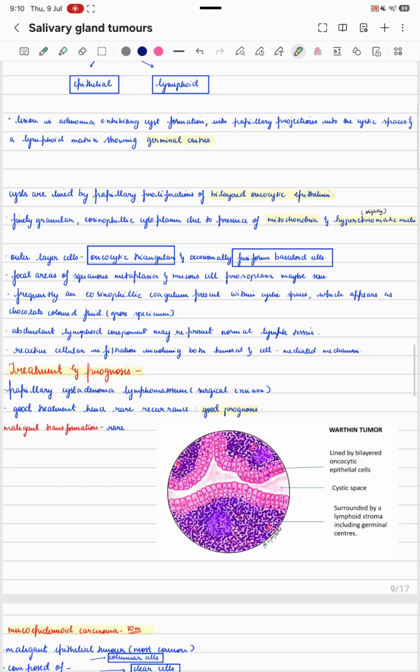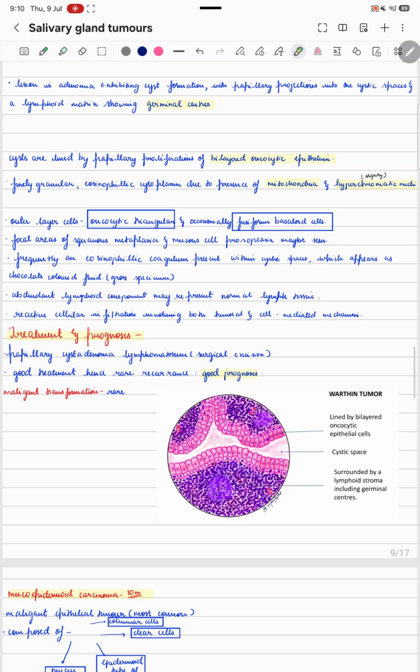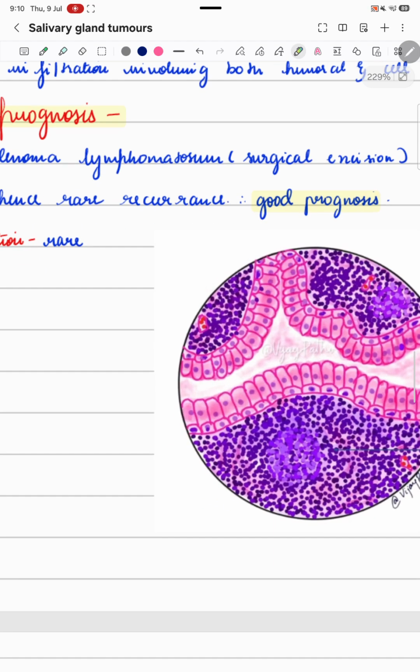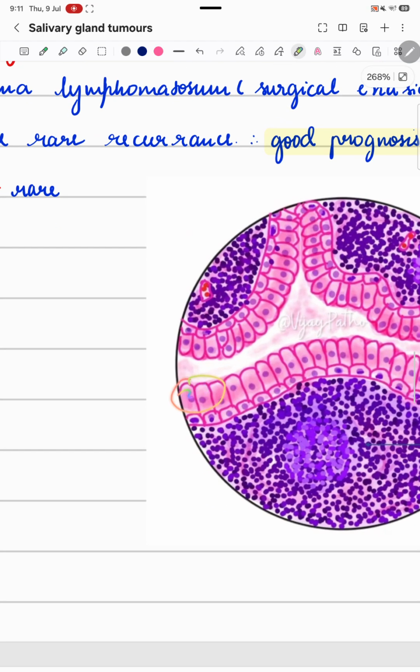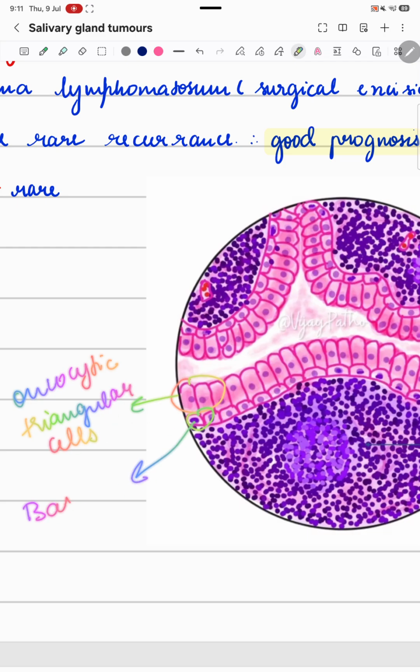Now the outer layer cells are oncocytic triangular cells, occasionally fusiform basaloid cells. This is the oncocytic triangular cells, and this is the basaloid cells.